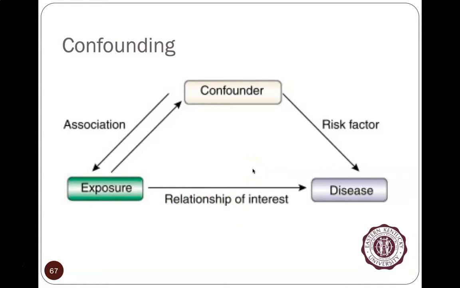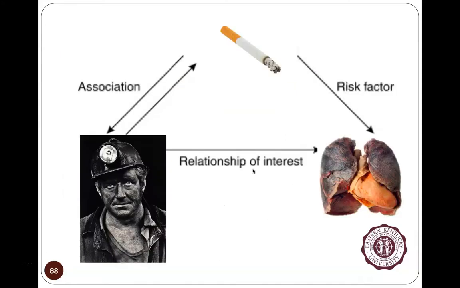But in order to fully appreciate the impact of the confounder, to know its benefit or its harm to the relationship you're trying to figure out, you have to probably look for it. Here's an example.